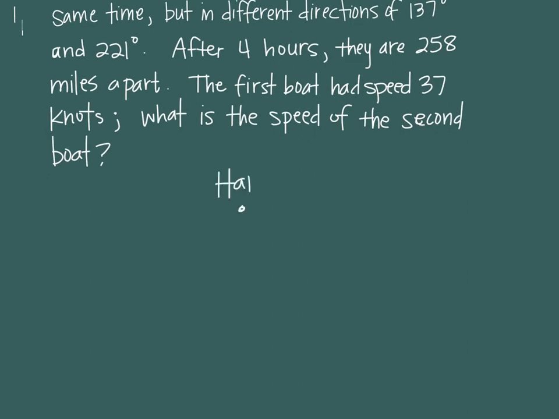All right, I put a dot on there that measures the harbor, and now we need two boats leaving that same harbor at the same time but going in different directions. One is going 137 degree bearing. So what compass direction is that-ish? Southeast. Okay, so we've got a boat heading out that way at a bearing of 137.